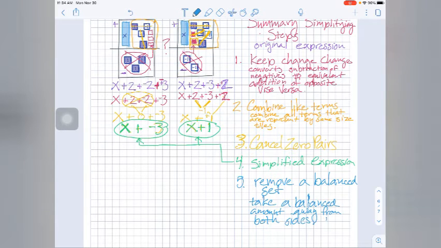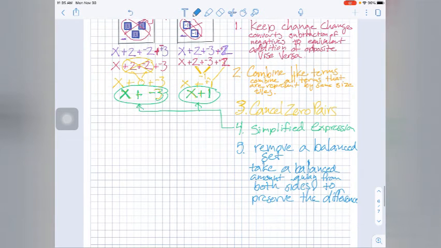And the reason that we do this is to preserve the difference between two sides.